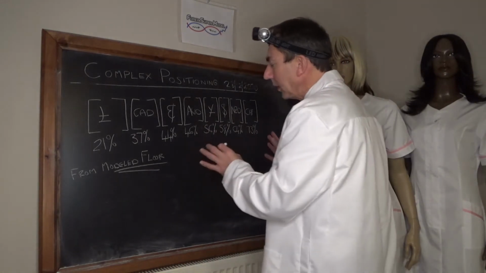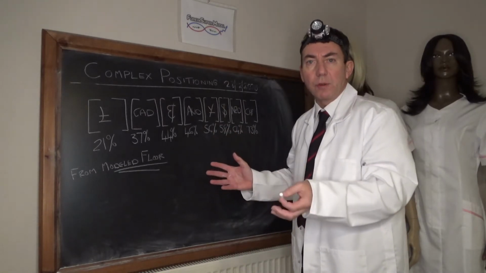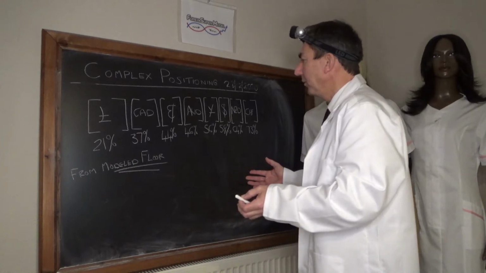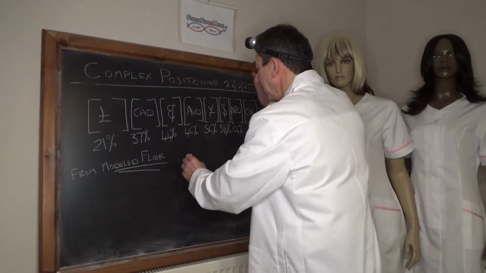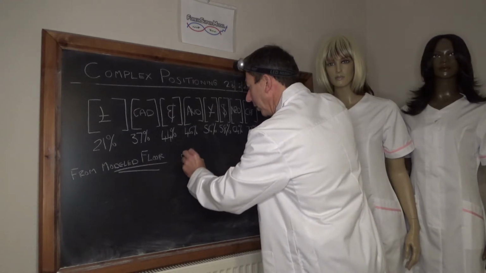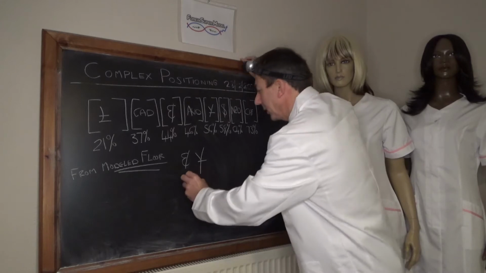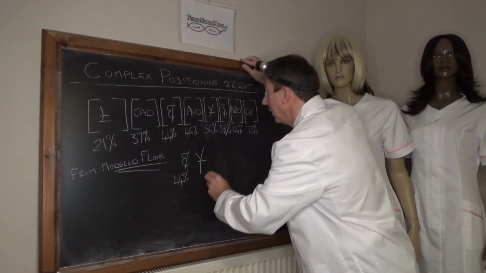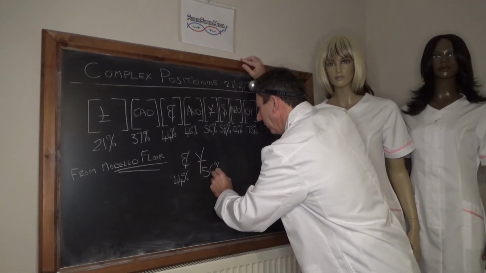Well, if you're looking at trading any FX pair, any of the 28 pairs that we currently model, then for example if you wanted to do the euro yen, you'd know that the euro complex is operating at 44% above the floor. The yen is operating at 56% above the floor.